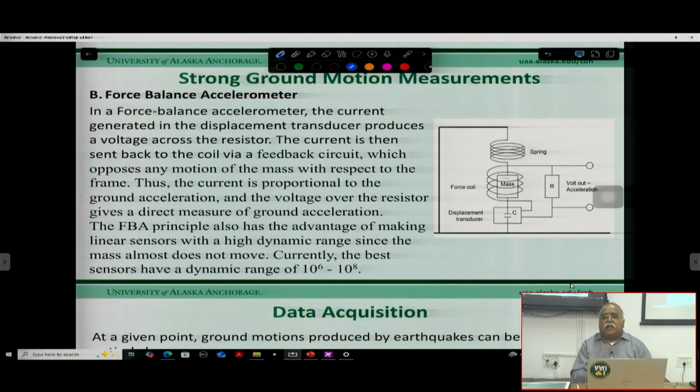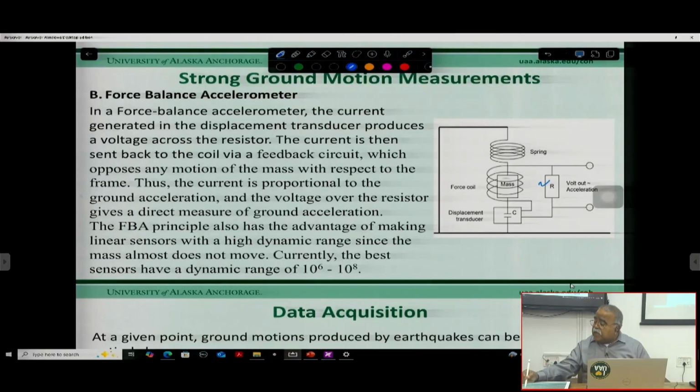basically what has happened, as per Lenz's law, there is a mass, and then there is a spring, and then a current is induced here, right? So this current is measured over this resistance, right?